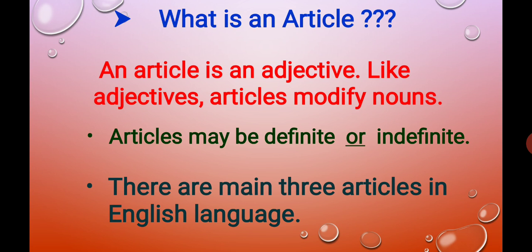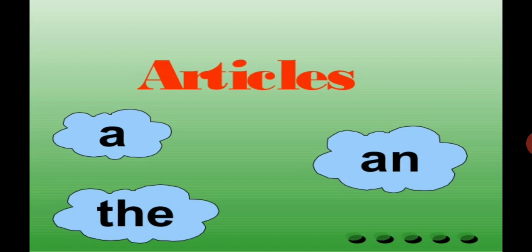And in the English language we have 3 main articles. Now you can say what an article is. Which words are called articles? A, an and the, right?